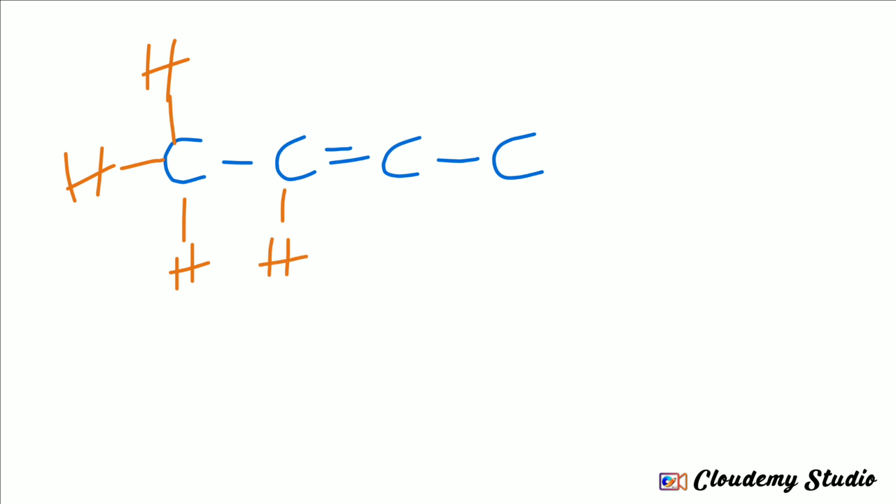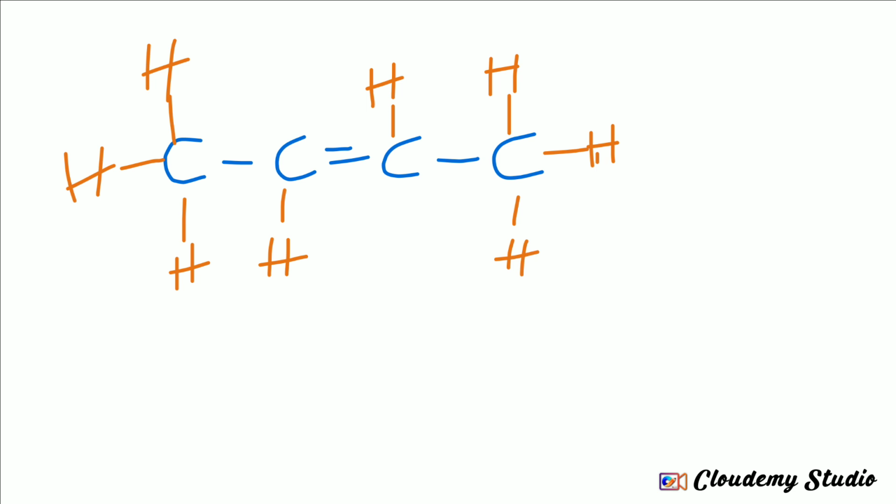And this carbon, already 3 bonds are there. 1 bond is required that can be filled with 1 hydrogen atom. And this end carbon atom at the right end, one bond is there already, so three bonds are needed, that can be filled with three hydrogen atoms.